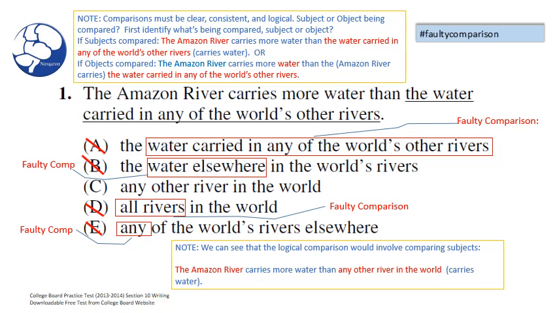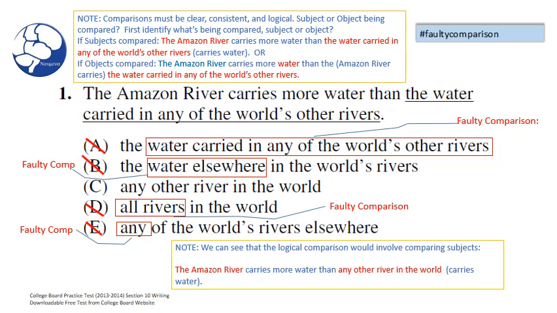It could be any of the creatures or any creature of the world's rivers elsewhere, or any something else. So remember our rule about indefinite pronouns. Anytime you have an indefinite pronoun, you really want to signify what that indefinite pronoun is referring to by putting a noun right in front of it.